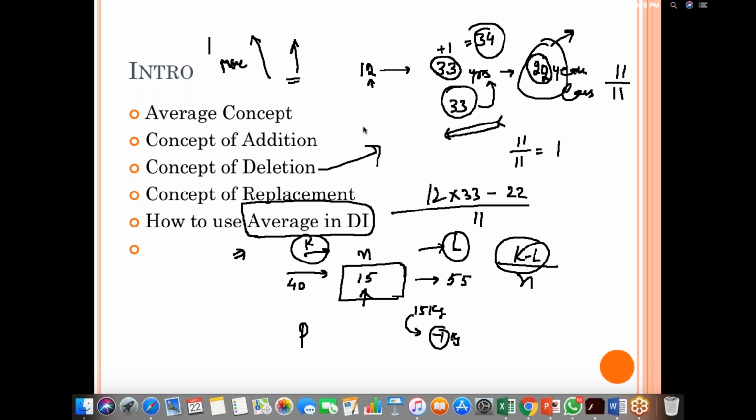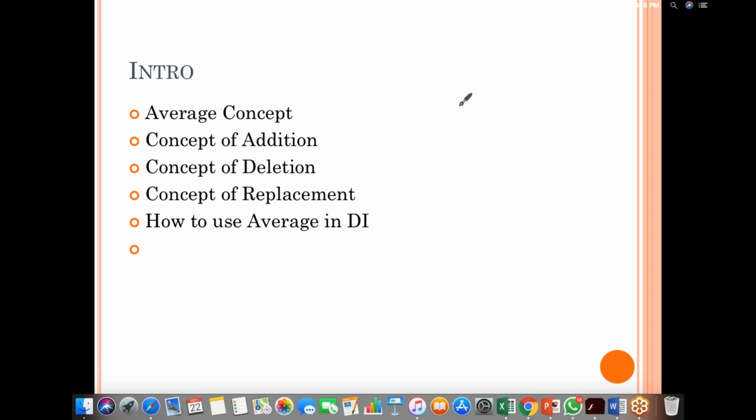Okay, Gaurav, I will also take your point when two comes in and one goes out. First I will take one by one. See, in case of replacement, if you have this group of let us say 12 people, and the average is 35 kg, right?